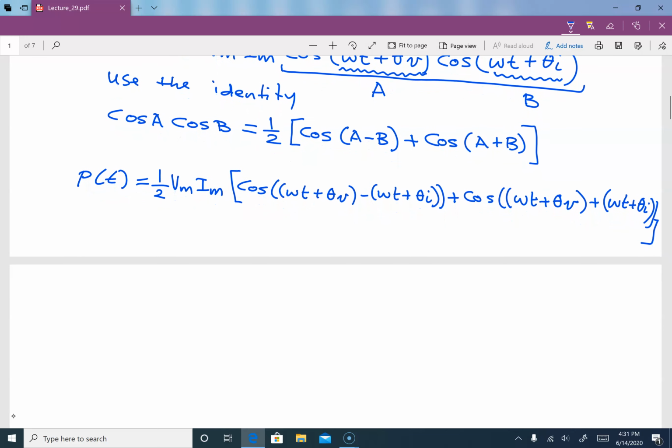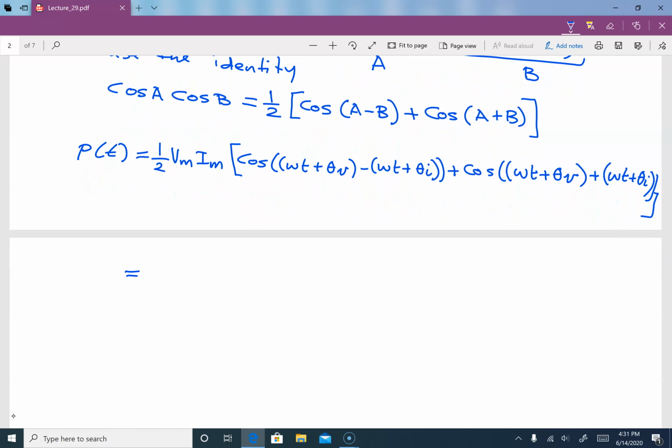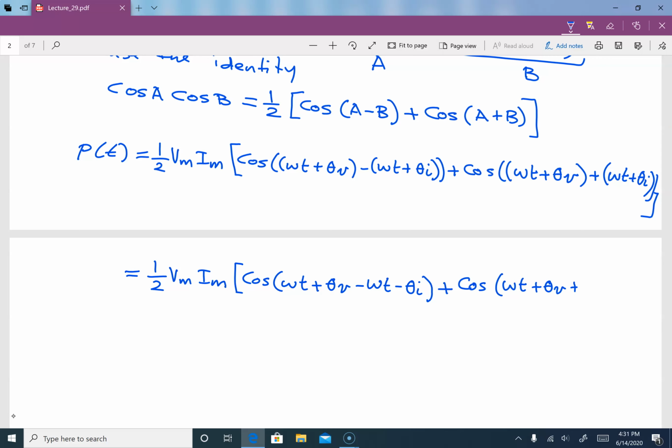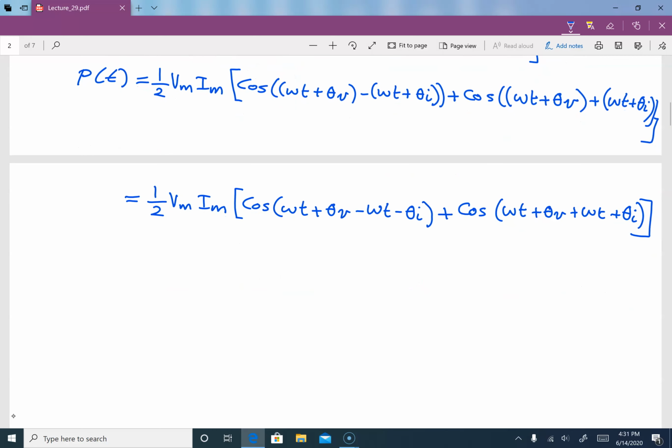Let us simplify a little bit. This omega t will cancel with that omega t.